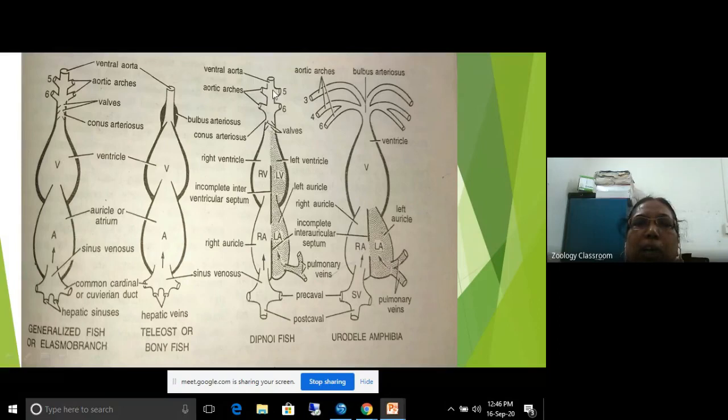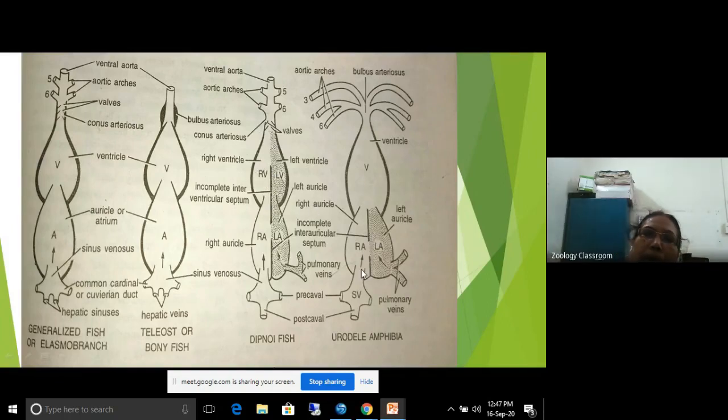Then the conus arteriosus, consisting of semilunar valves, opens into the ventral aorta, which laterally gives the aortic arches. So it is 3-chambered: 2 auricles are present, but with an incomplete auricular septum and an incomplete ventricular septum.